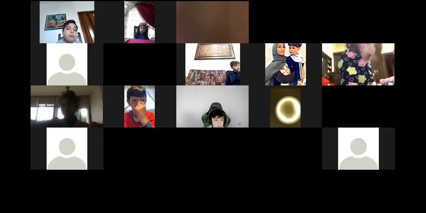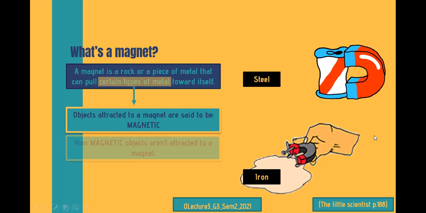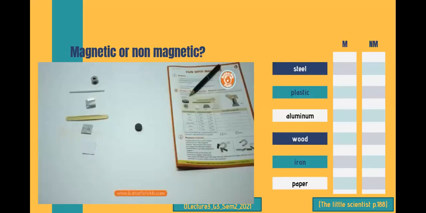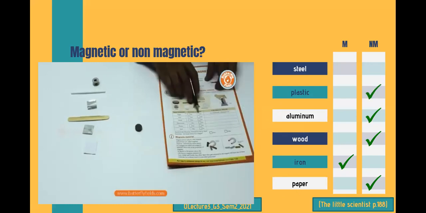Let's continue our lesson. So we talked about magnetic and non-magnetic objects, and we saw paper, non-magnetic. Iron, magnetic. Wood, non-magnetic. Aluminum, non-magnetic.